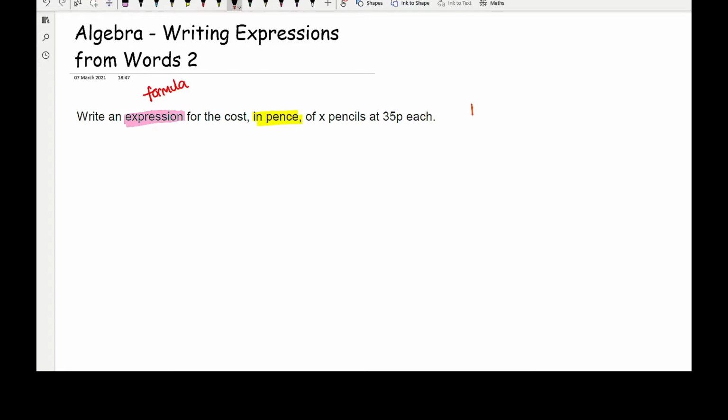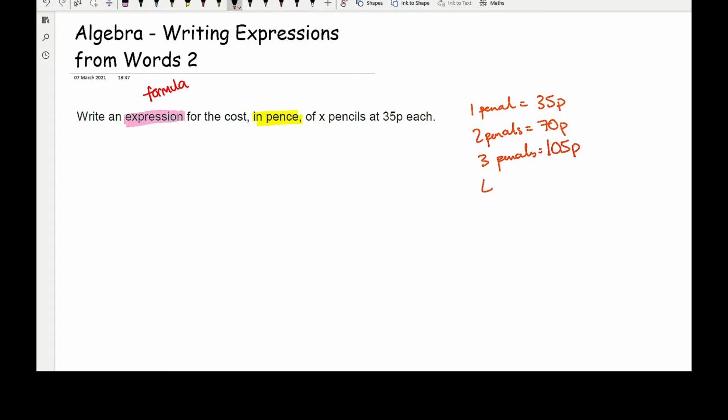So if I had 1 pencil, then that would be 35 pence. If I had 2 pencils, then that would be 70 pence. If I had 3 pencils, then that would be 105 pence, or £1.05.